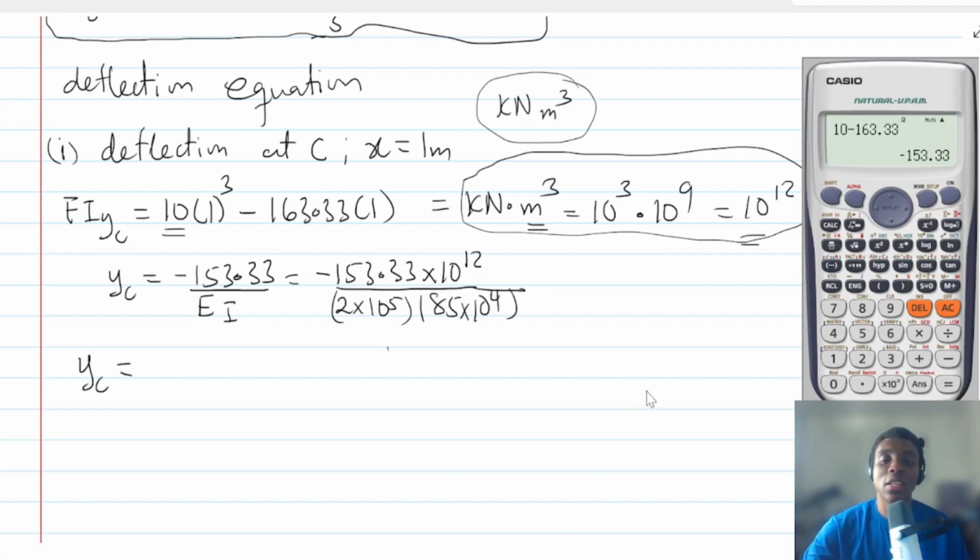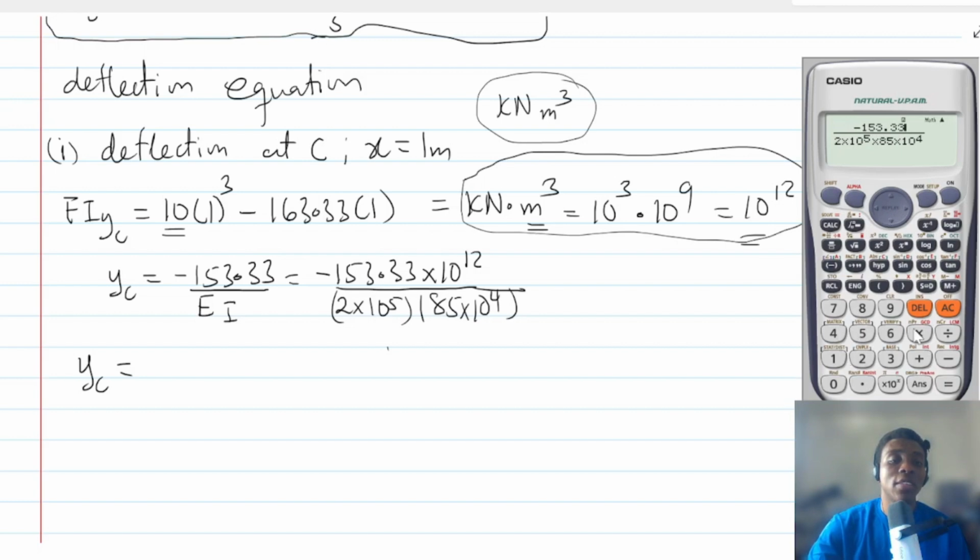So what will be YC? YC is the deflection under C. And what is that? So the deflection under C will be nothing but minus 153.33 divided by 2 times 10 to the power 5. Then we multiply by 85 times 10 to the power 4.